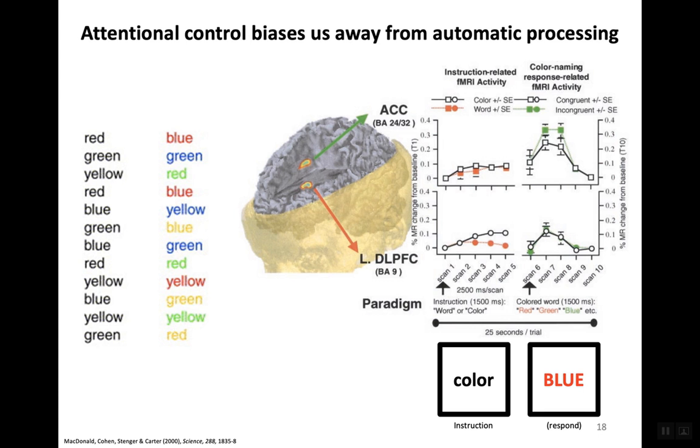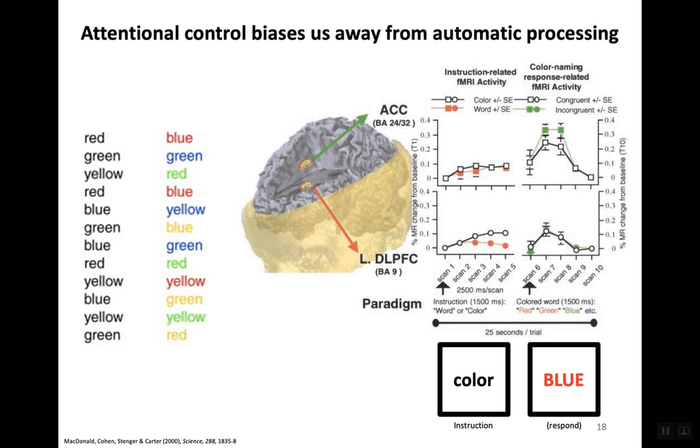However, when actually performing the task, it was not the DLPFC but a different region, the anterior cingulate cortex, that came into play. And this revealed higher levels of activation when participants were dealing with incongruent tasks or incongruent stimuli.